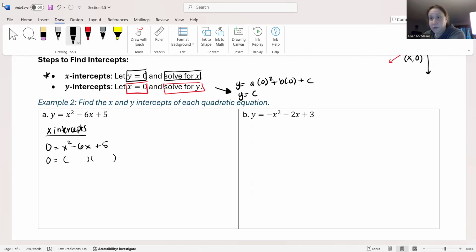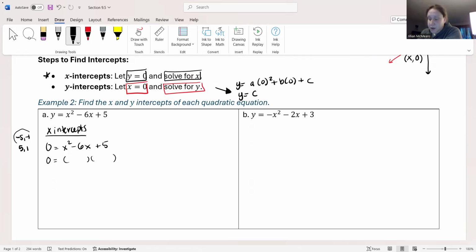That would mean we're looking for factors of 5 that have a sum of -6, okay? In order to get factors of 5, both factors have to be positive or both factors have to be negative, okay? So we could try -5 and -1 or 5 and 1, and those are the only pairs of factors of 5. Do either of those pairs of factors add up to -6?